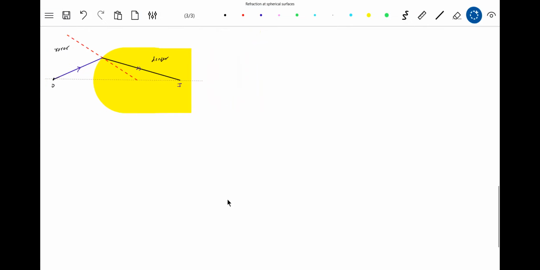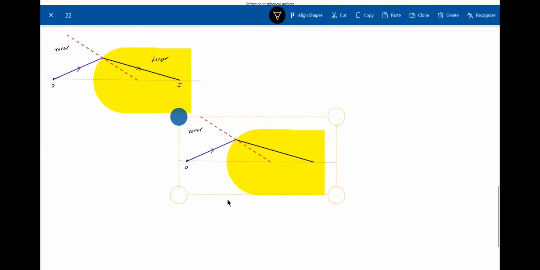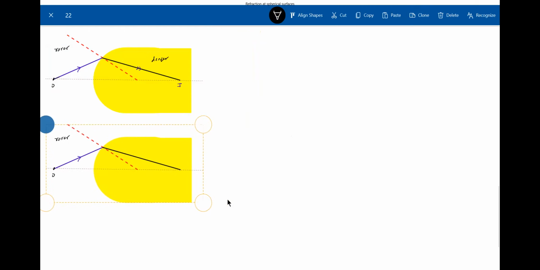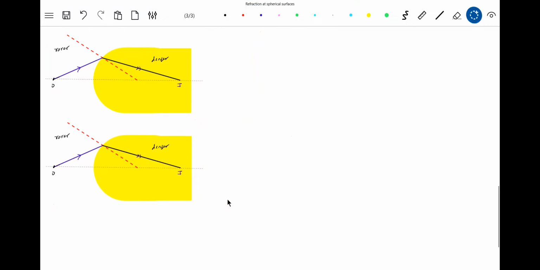That's what you're seeing. Now I can bring a situation where it is still denser.